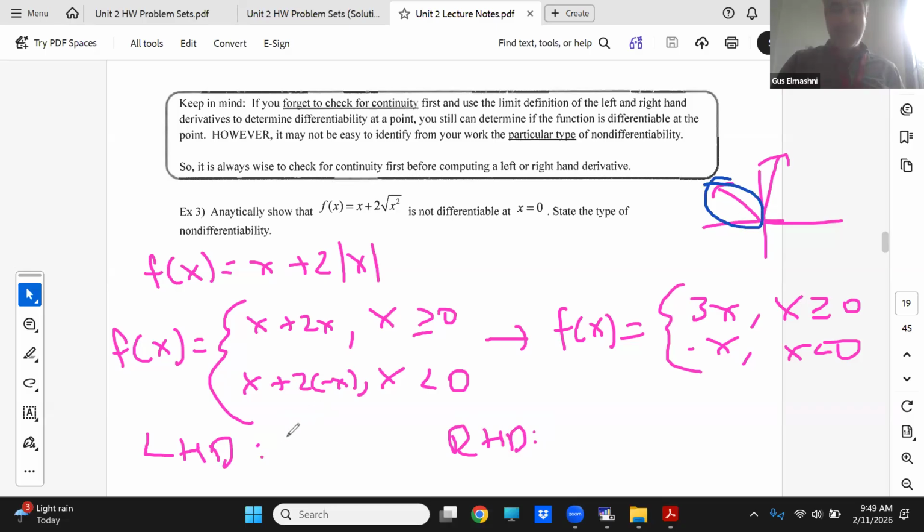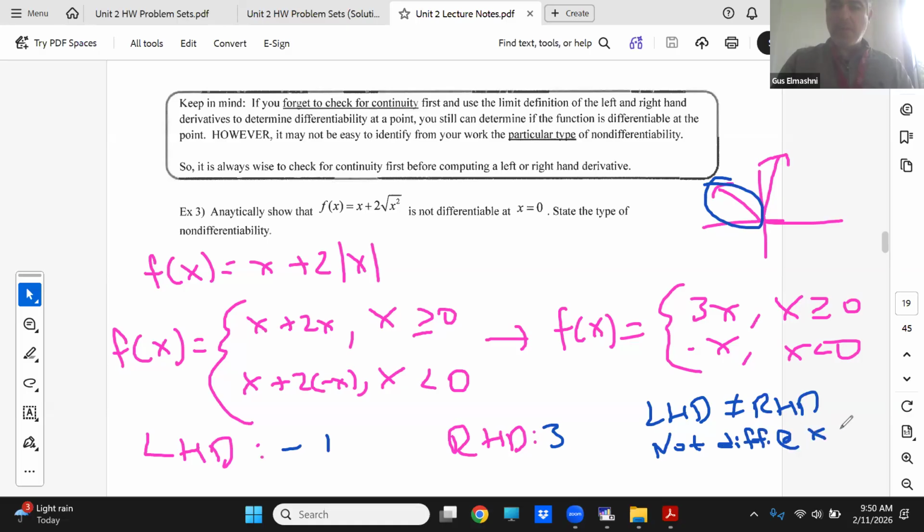It's -1 here, and the right-hand derivative is 3 here. LHD does not equal RHD. So not differentiable at x equals 0.